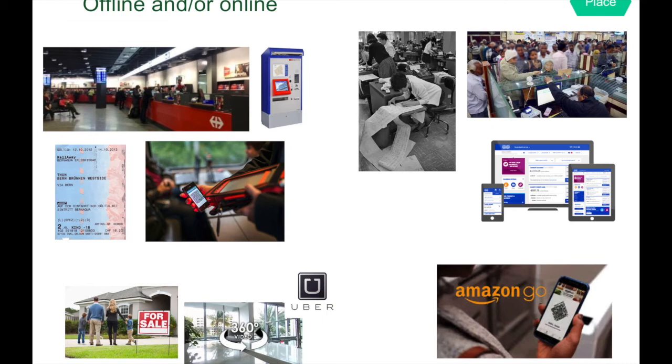But at the end of the day, people believe that they have to go there. There must be some kind of agent involved that helps you through the process of acquiring, especially acquiring a house. However, we also see things like 360-degree videos, which slowly move into a more digital solution for real estate businesses.